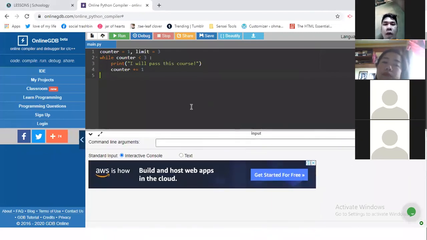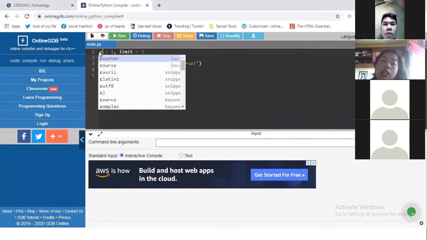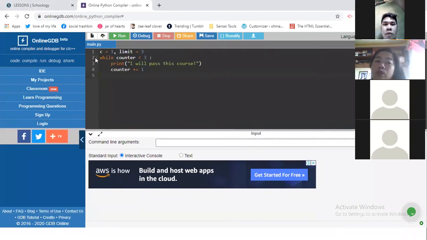Yung sa counter, ma'am. Pwedeng silang yun. Yes, pwede. That depends on you kung anong gusto mong i-name as a variable. Okay? Yung sa ilalim, ma'am, yung counter plus is equals to 1. Mag-iiba na to. This is one variable, this is another variable.